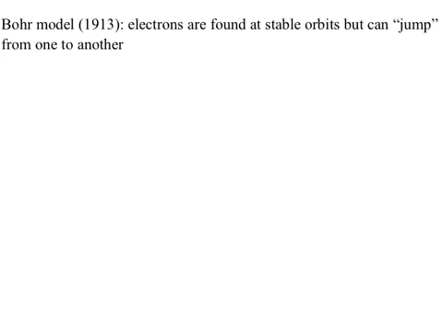He said that electrons are found orbiting the nucleus still, but they can jump from one orbit level to another, and that was the big difference.